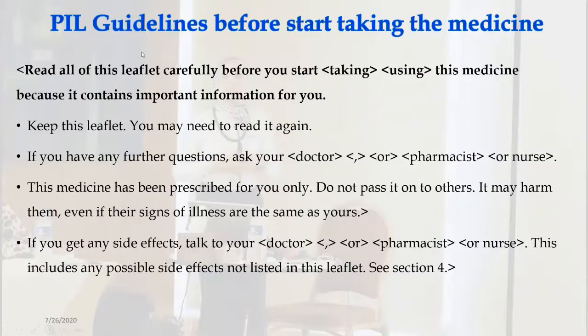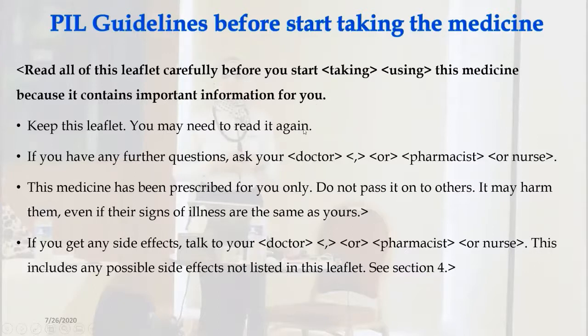In the beginning of the PIL, we have to mention a standard and common text. This text will be addressed to the patient. We will inform him that he has to read this leaflet carefully before he starts using this medicine, because it contains important information for you.